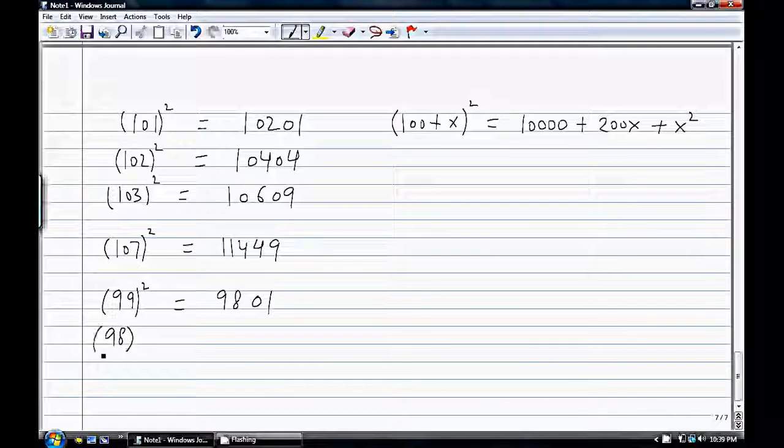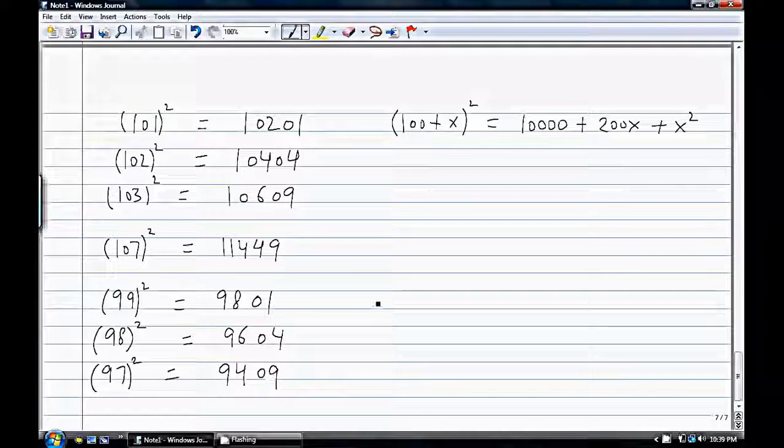Similarly 98 square will be 9604, and 97 square is equal to 9, 3 twos are 6, so 94 and 09.